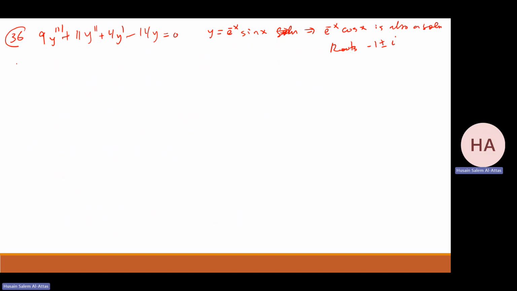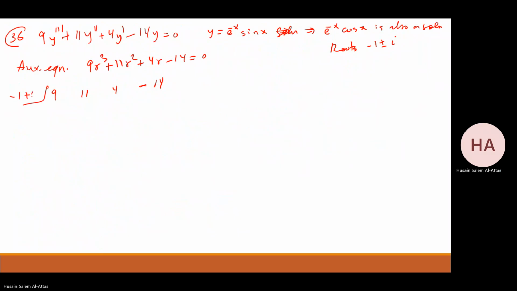So I'll do the auxiliary equation. 9r cubed plus 11r squared plus 4r minus 14 equals 0. Now we'll do this with these two roots. Be careful with the calculation, that will be 9. So you have minus 9 plus 9i. I have 2 plus 9i.